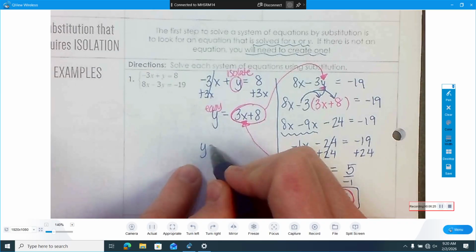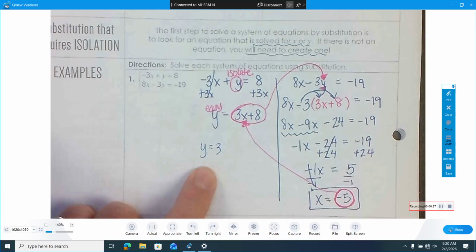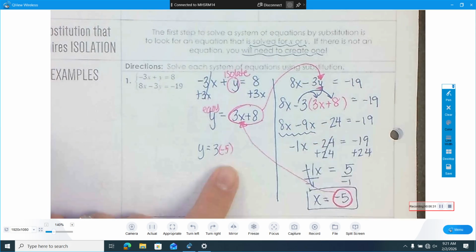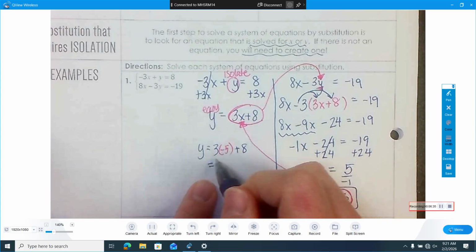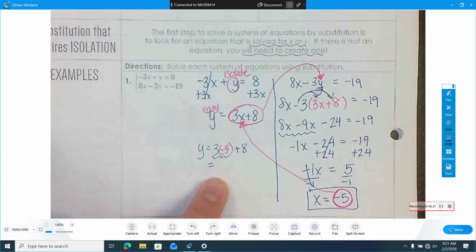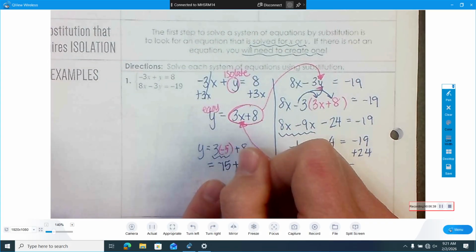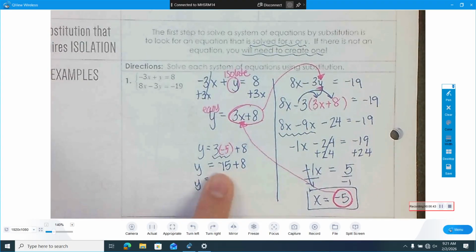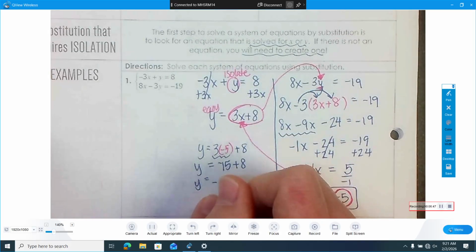So I get y equals 3, and in place of the x, we have a negative 5, and then a plus 8. Let's see, what is 3 times negative 5? Negative 15, and then we have negative 15 plus 8. Who wins, positives or negatives? Negatives by 7. Good.